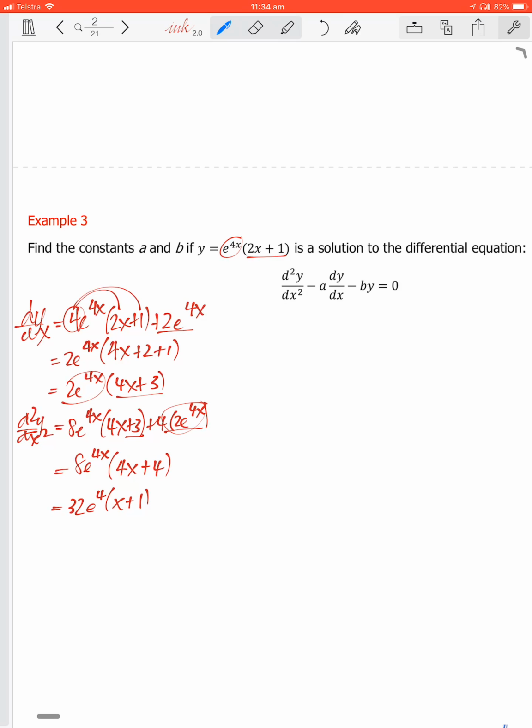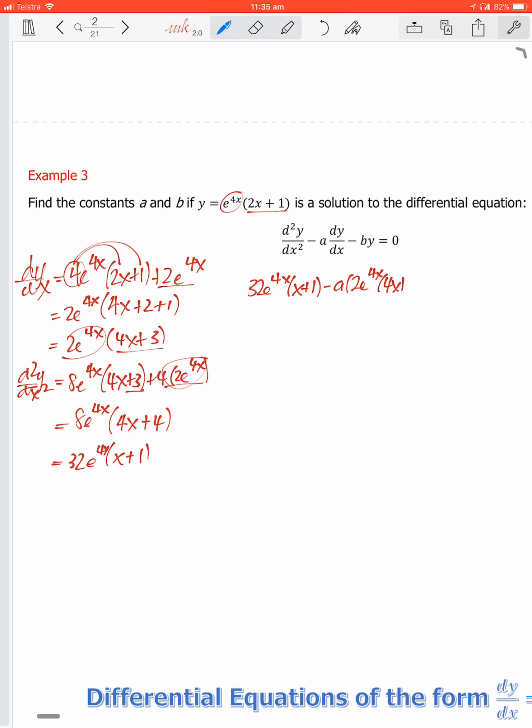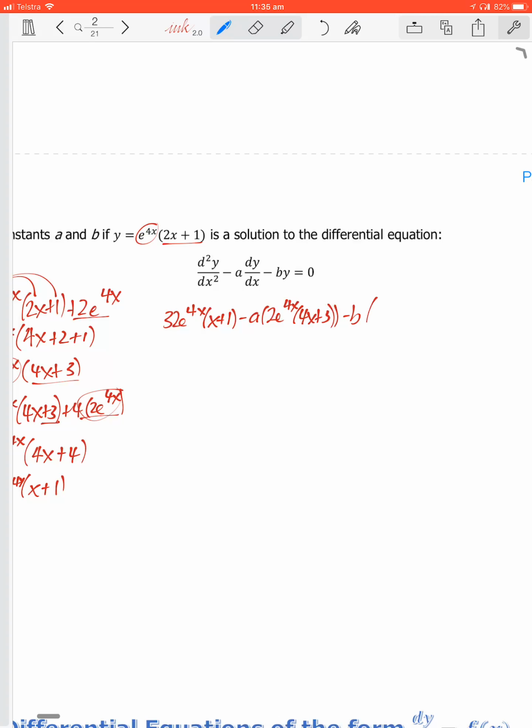So we can sub in 32e to the 4x, x plus 1 minus a times dy dx, 2e to the 4x, 4x plus 3, and then minus b times e to the 4x, 2x plus 1 equals 0.